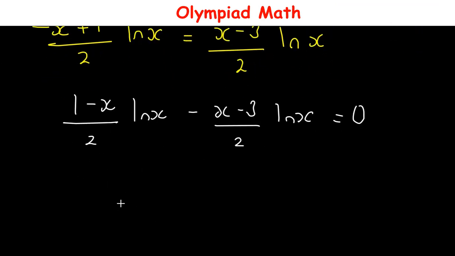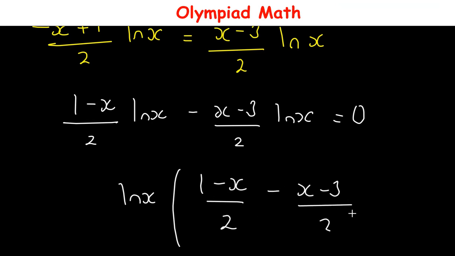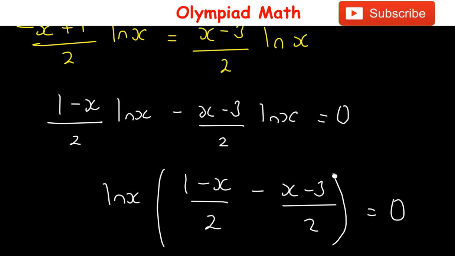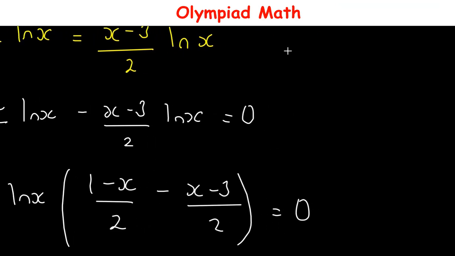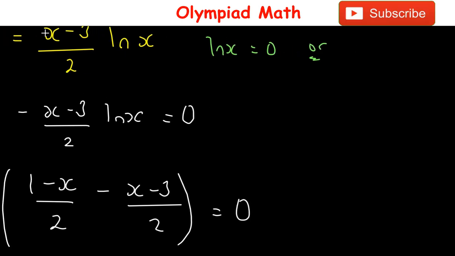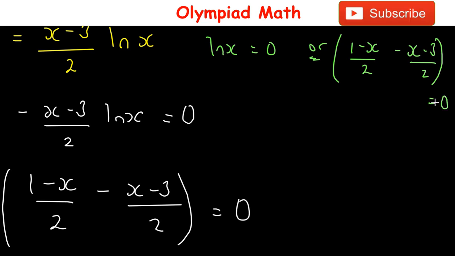So factorize out ln x, we're going to have in brackets 1 minus x over 2, then minus x minus 3 over 2, and this equals 0. So at this junction, we can write this as we have ln x is equal to 0, or we have this, we have in brackets 1 minus x over 2 minus x minus 3 over 2. All of this is equal to 0.